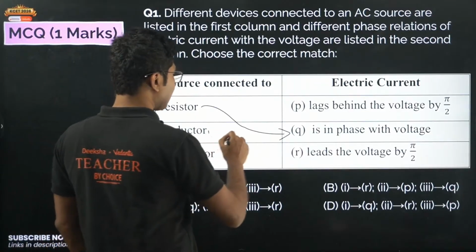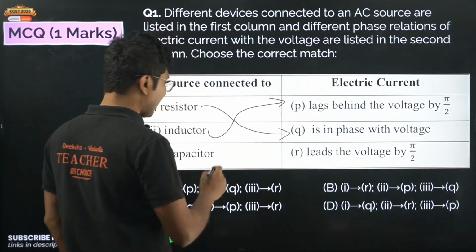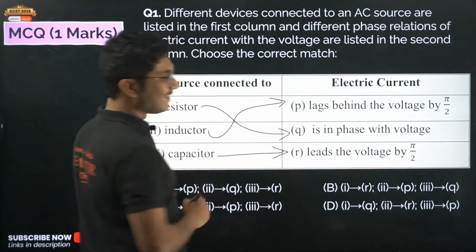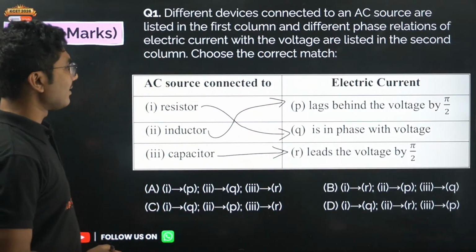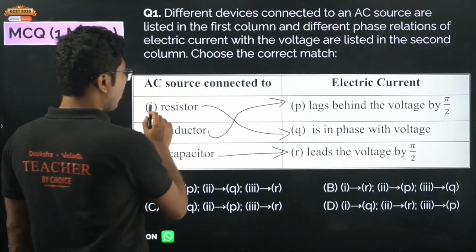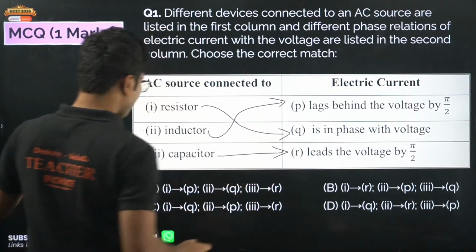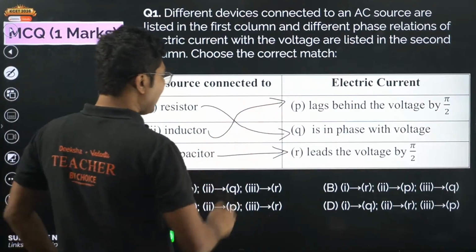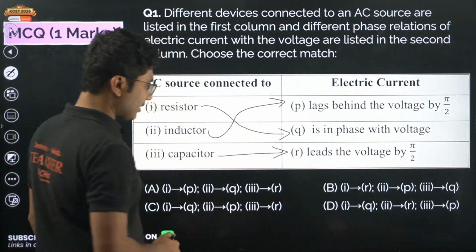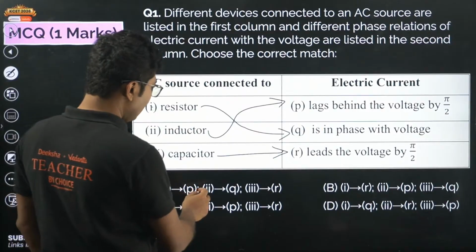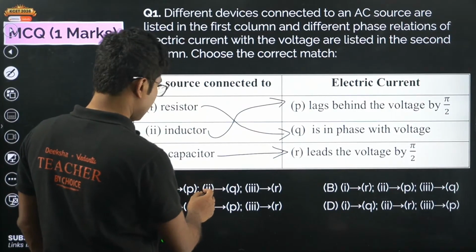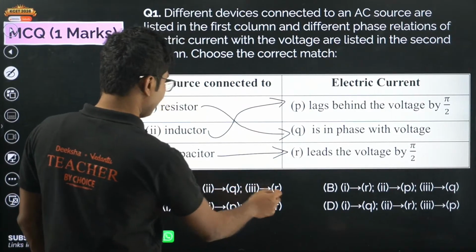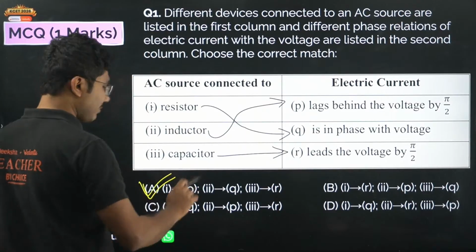And for capacitor, current leads the voltage. So the correct relationship will be 1 is matching with P, 2 is matching with Q, and 3 is matching with R. So option A is the correct match, right?